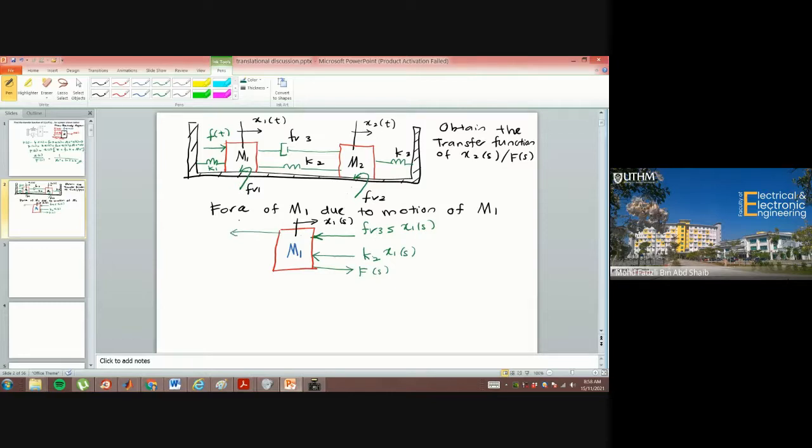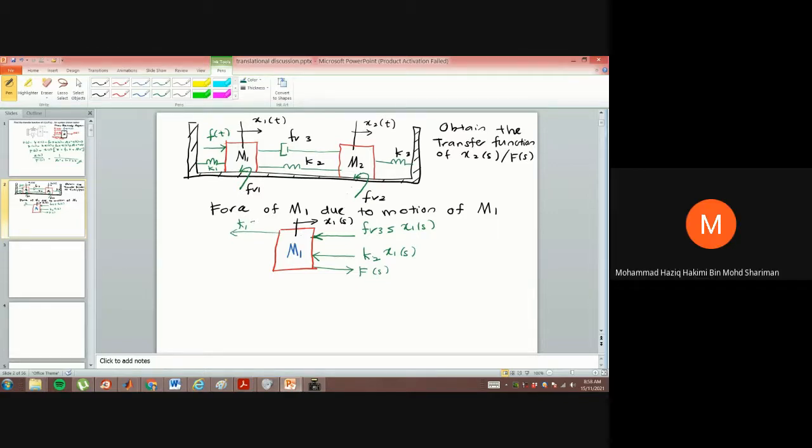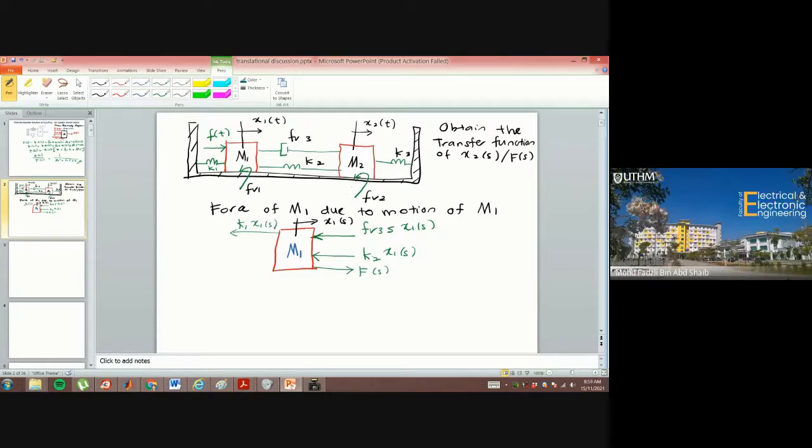We have K1 times what? S1S. Same, what else do we have here? FV1. We take the one below. FV1, the friction between M1 and the ground. FV1 times S1S.